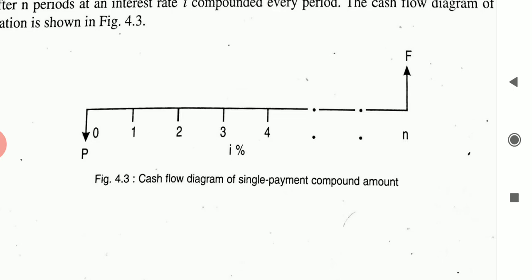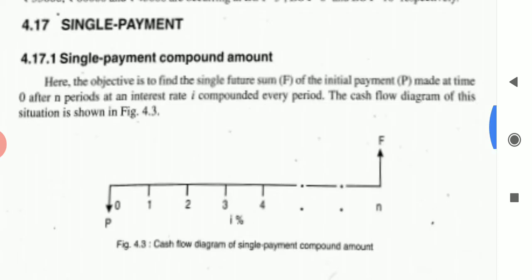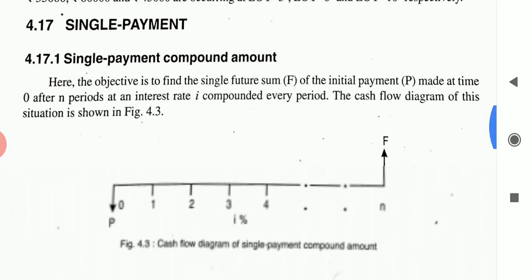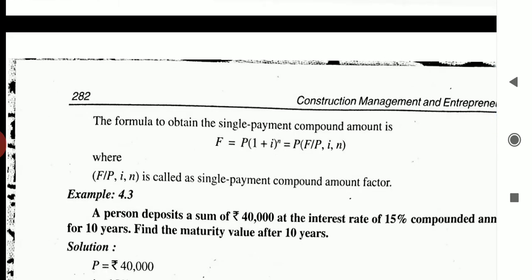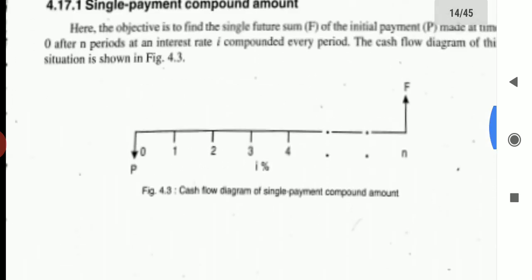Only single items come in. So that is the single payment, with a single initial payment and corresponding years. The single payment formula is F equal to P of 1 plus i raised to n.